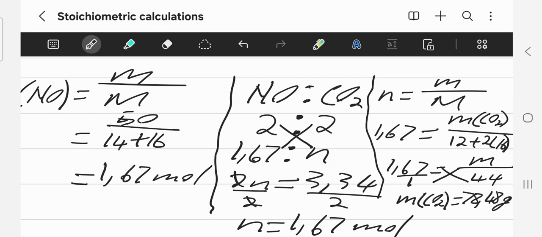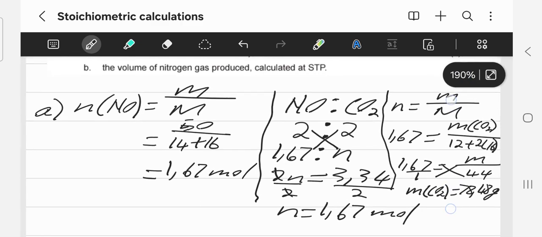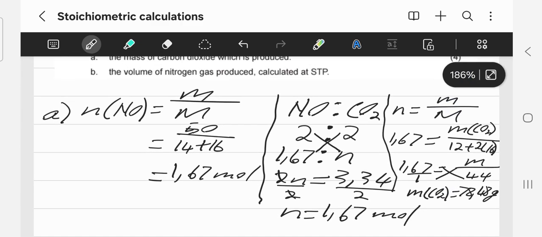That's the unit for our mass. I hope, guys, this is making sense. So that's how we deal with A. Okay, now let's go to B.